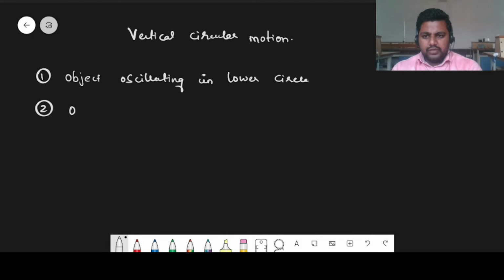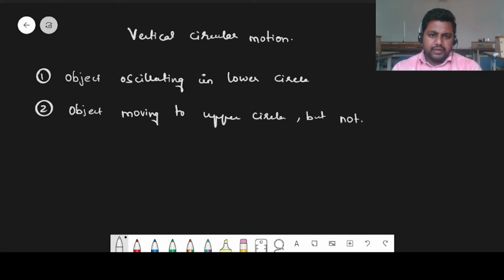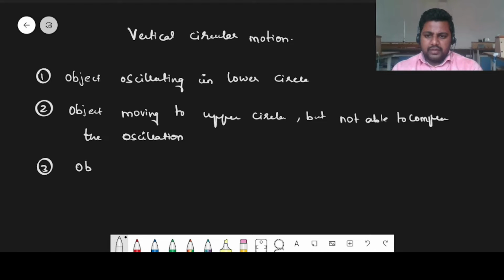Second, object moving to upper circle but not able to complete the circle or oscillation. And the third one, object completing the loop or oscillation.